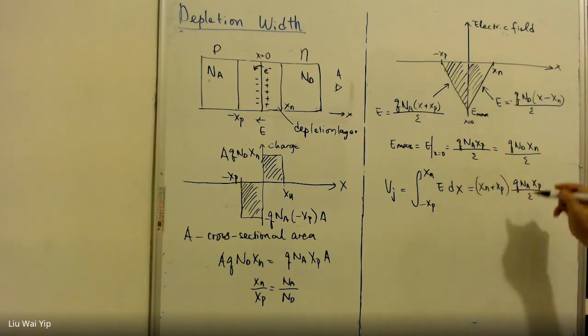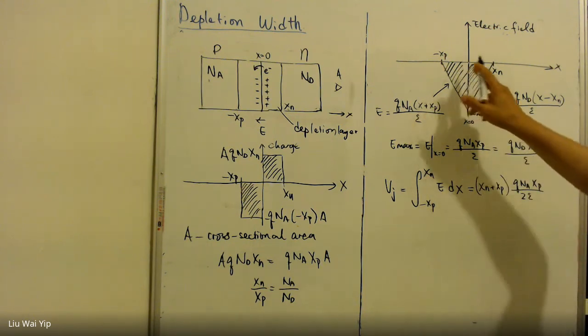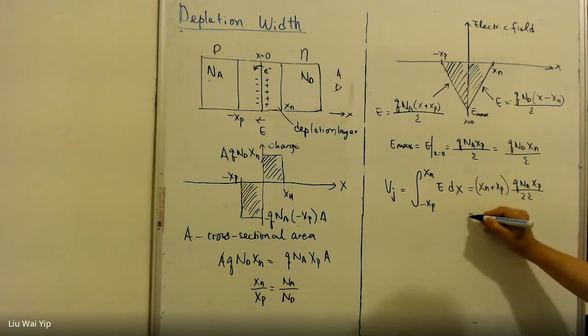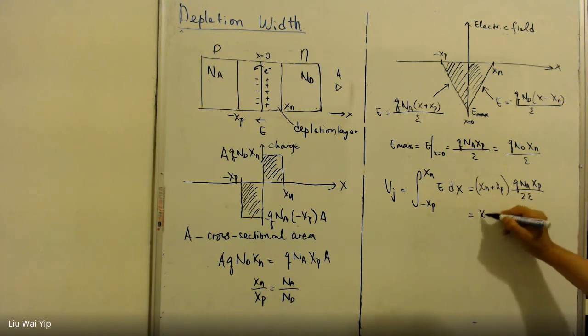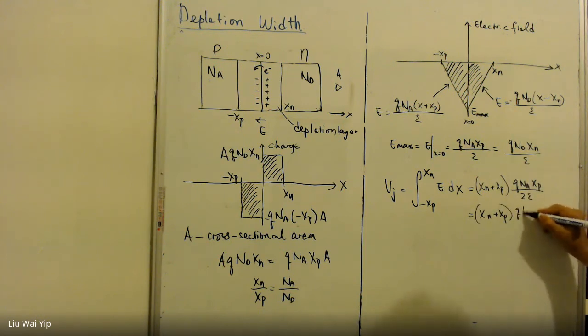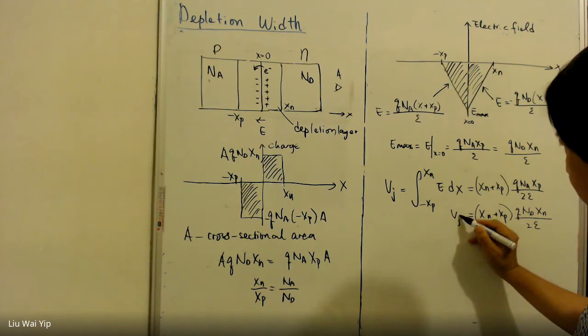And do not forget that you have to divide the whole expression by 2 because you are looking for the area of this triangle. And according to the right hand side of this equation, it is also equal to (xn plus xp) times Q N D xn over 2 epsilon.